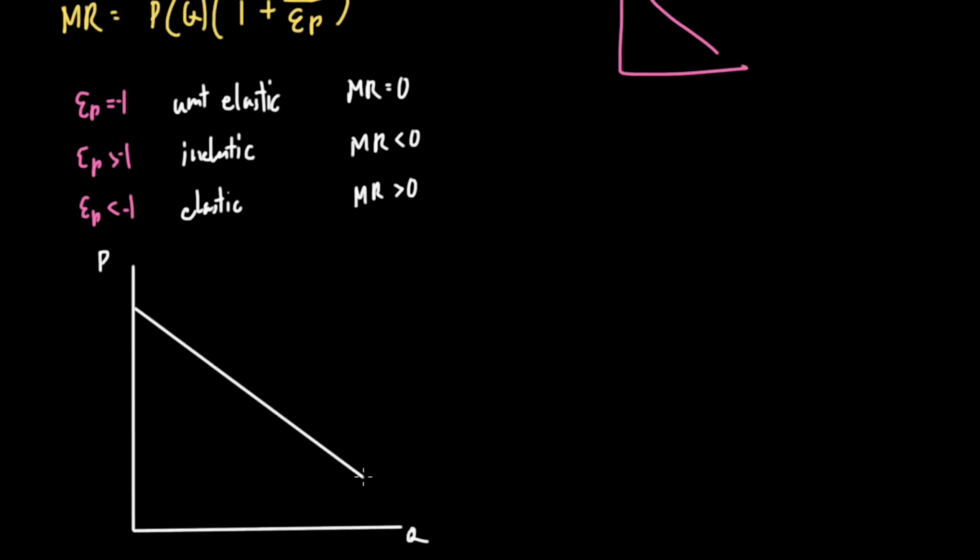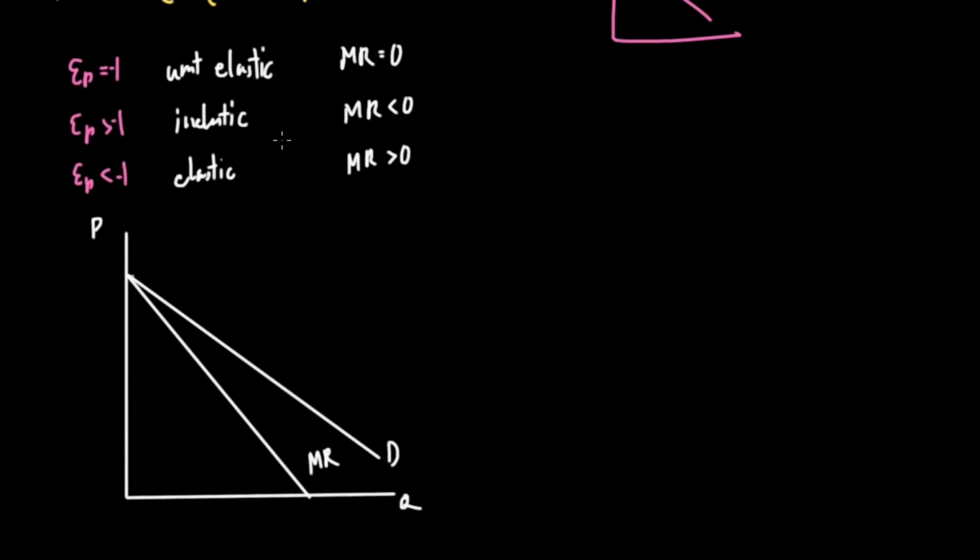Let's say this is our market demand, and the monopolist's marginal revenue, which we again define as the partial derivative of R with respect to Q, graphically looks something like this. Let's label this our marginal revenue of the monopolist.